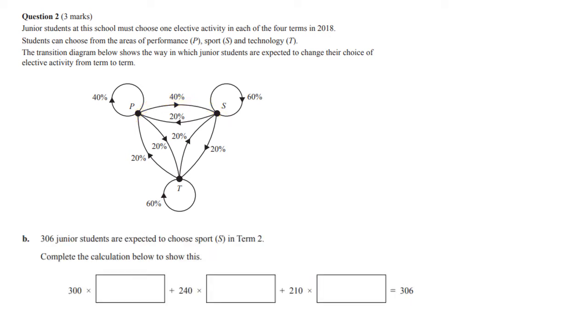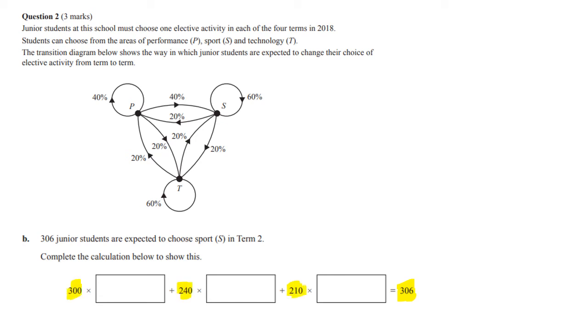Now, you could draw up all the matrix and spend a lot of time on this, but you don't really need to. So it says 306 students are expected to choose S in term 2. So that's what we've got, this number over here of 306. And they're just asking you, how do you calculate that? So what they're saying is you've got a 300, a 240, and a 210.